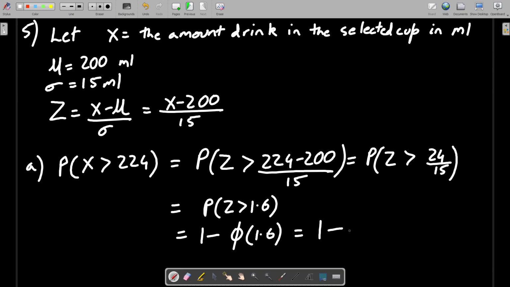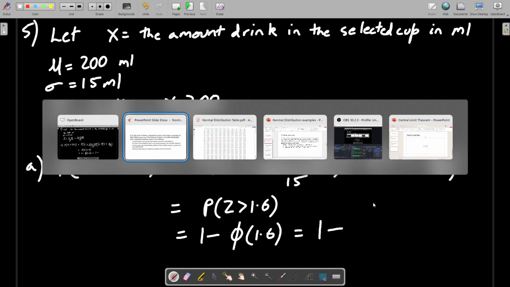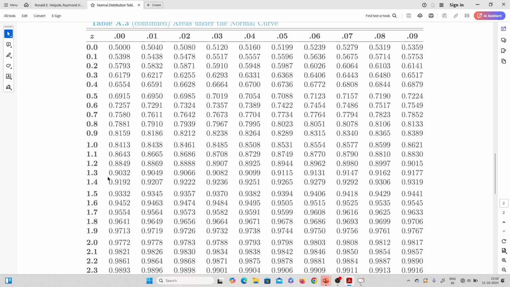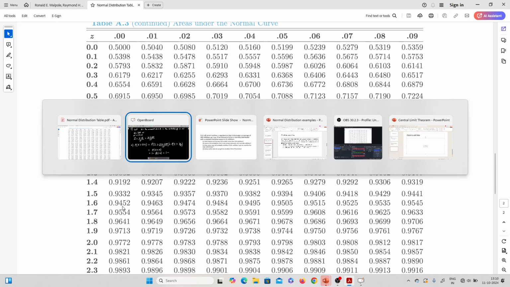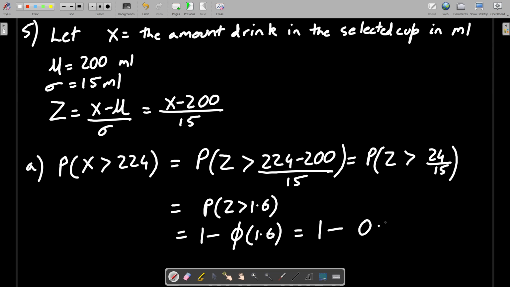Okay, so this is 1 minus the number I'll tell you from the table, 1.60, that is 0.9452. This will be equal to 0.0548.